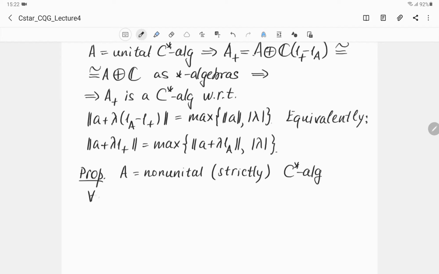For each element A in the unitization, we define the left multiplication operator, LA. This is the operator from A to itself, given by the following formula. So A is an ideal in A plus, so LA is indeed an operator from A to itself.